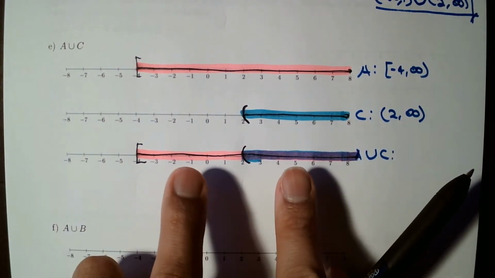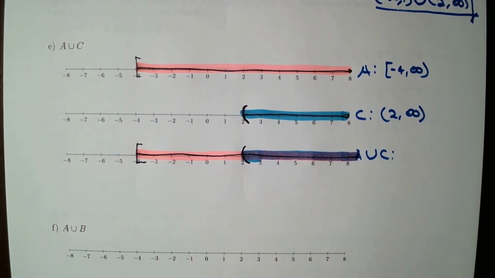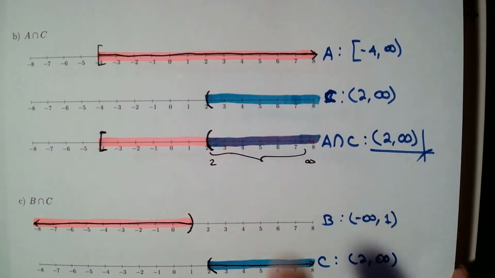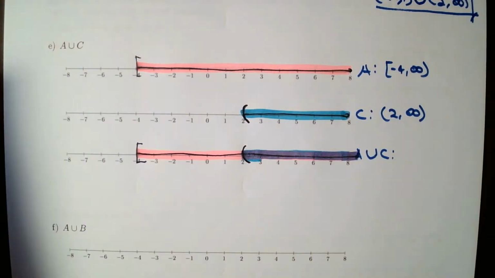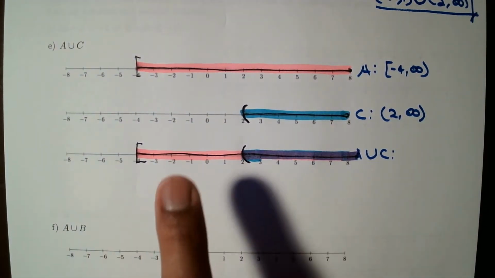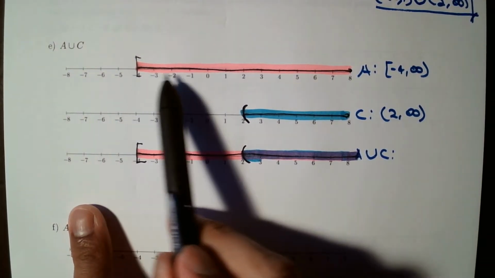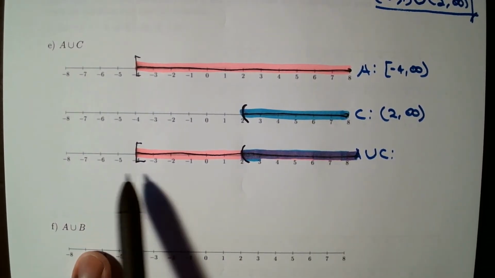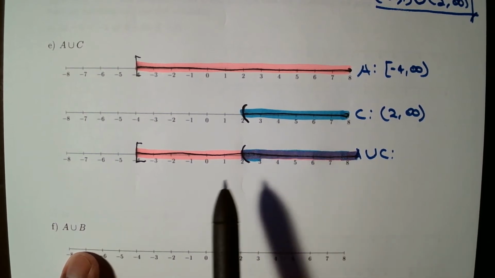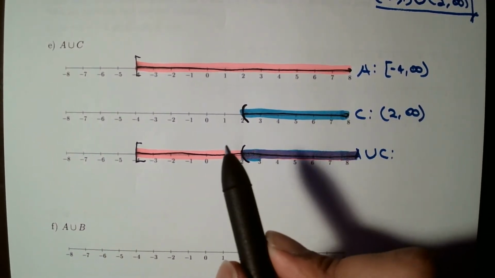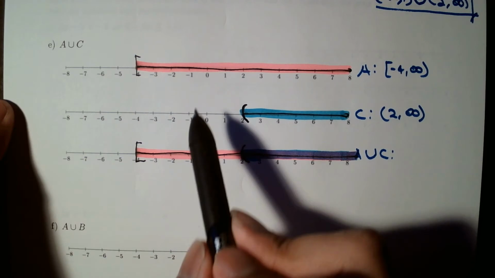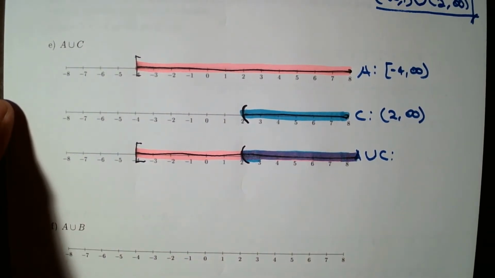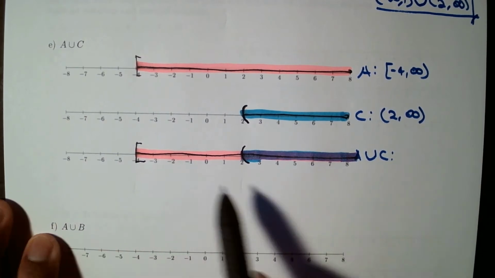In the example that involved this kind of shading, on the previous page, we were looking for the overlap, the purple part. In this case, we're looking for all the elements that are in either A or C, in other words, either pink or blue or both, which is this whole thing.